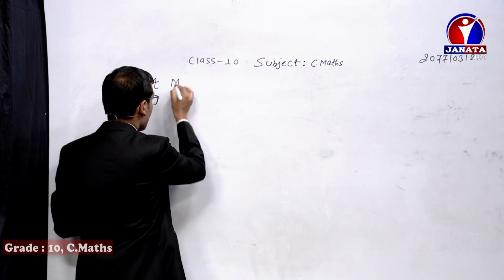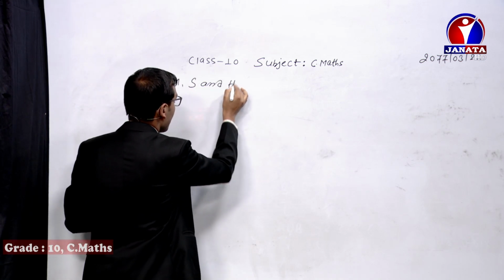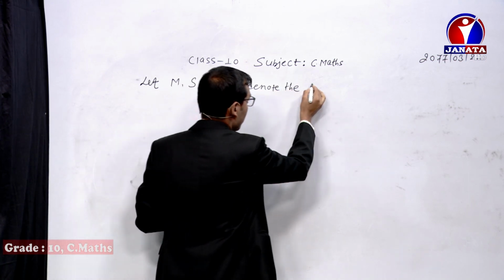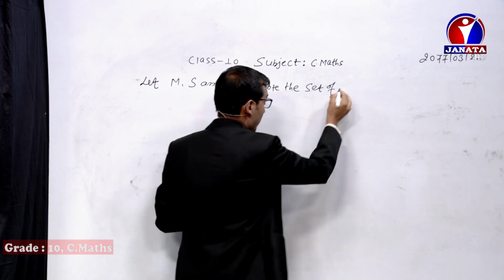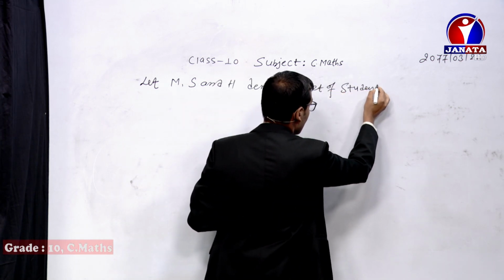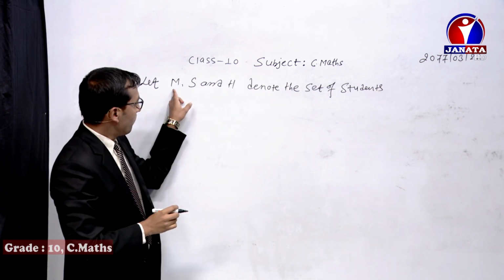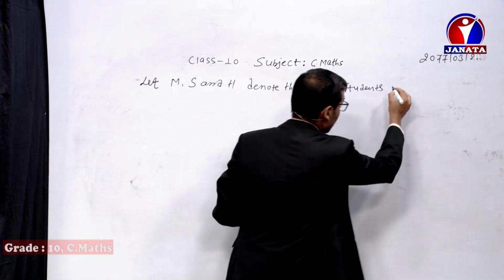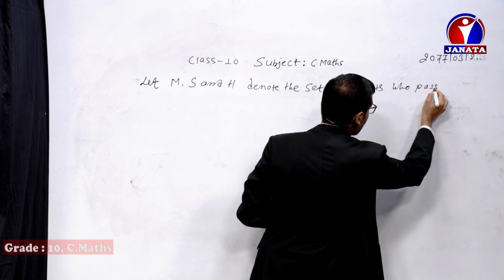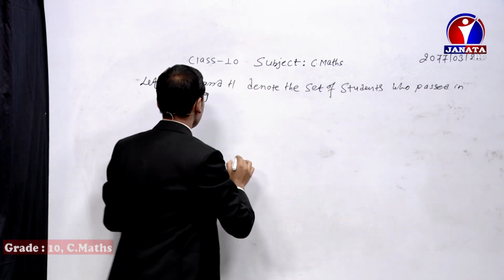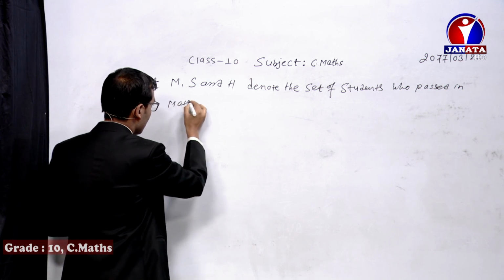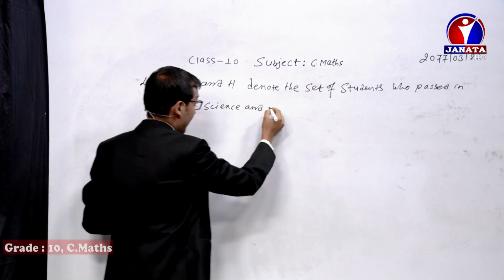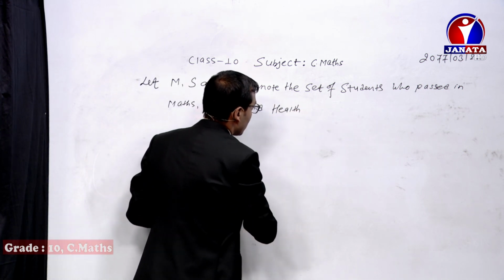Let M, S, and H denote the sets of students who passed in maths, science, and health respectively.